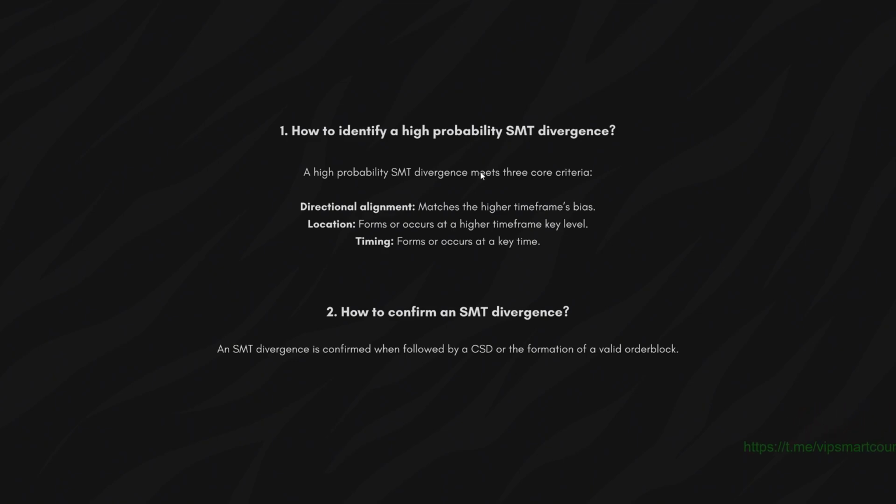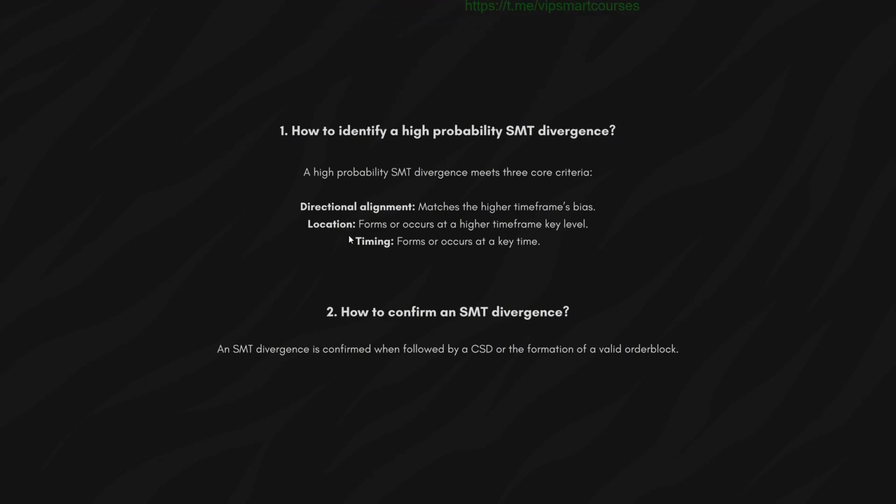A high probability SMT divergence meets the following three core criteria. First, it is always aligned with the higher time frame directional bias, meaning it matches the higher time frame drawn liquidity or the higher time frame bias. Number two, it forms at a higher time frame key level.